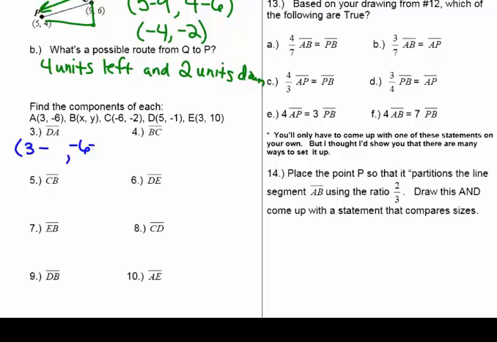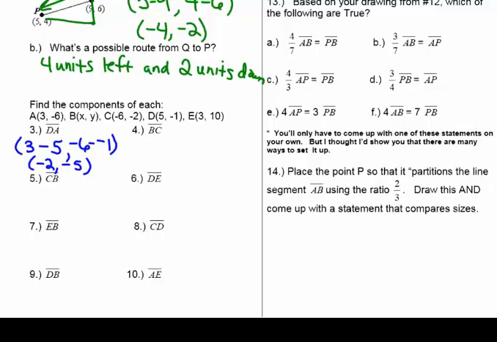Okay, and then our D's are 5 and -1. So we get -2, and then -6 plus 1 is -5. So we would go 2 units to the left and 5 units down.